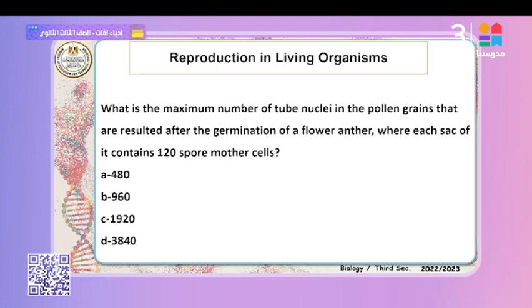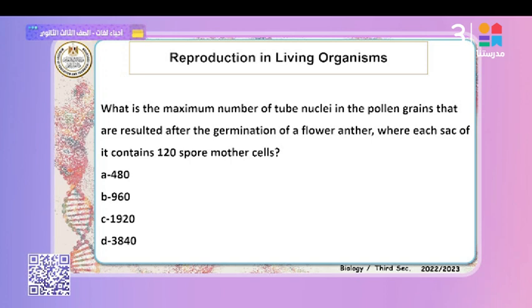Each pollen grain contains a tube nucleus and a generative nucleus. So one primary germ cell gives us 8 nuclei, tube and generative, but gives us 4 pollen grains.